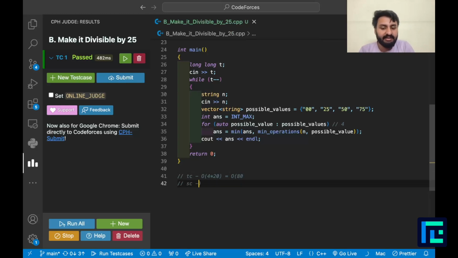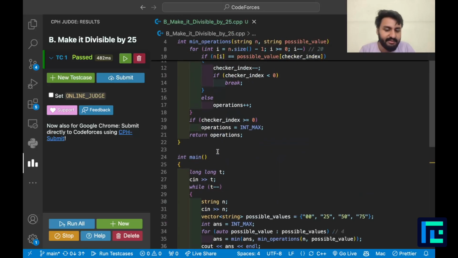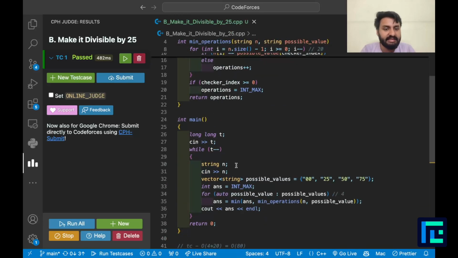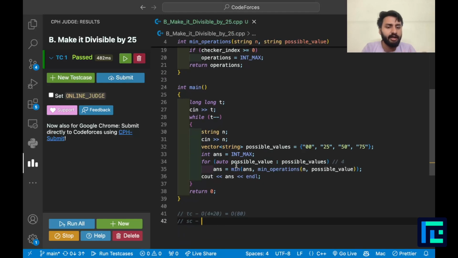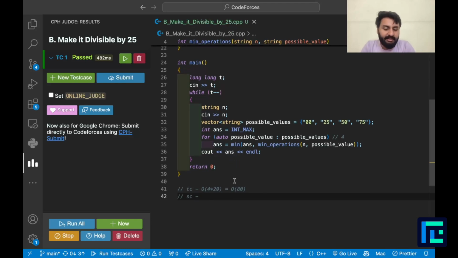What about the space complexity? I'm not using any extra space, right? Am I using any extra space? No, we only have the string space. If we want to be very acute, to store a string you require space equivalent to the size of that string. So we are taking 20 space maximum, or very acutely 19 or 18 space. I can just round it up to 20.